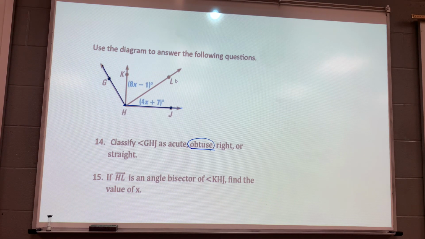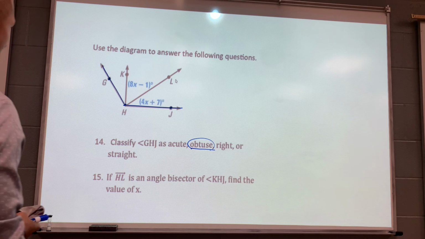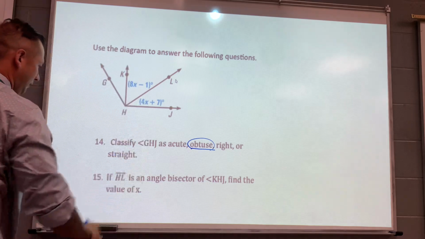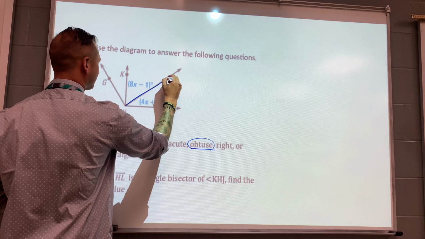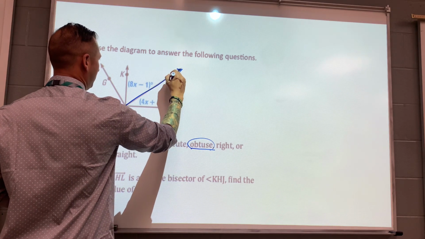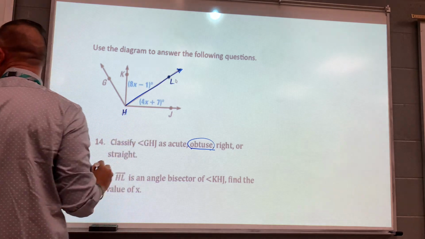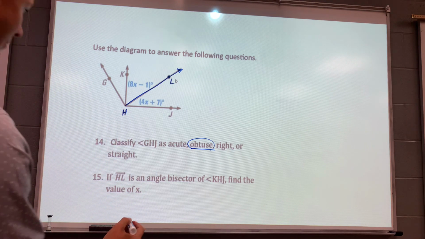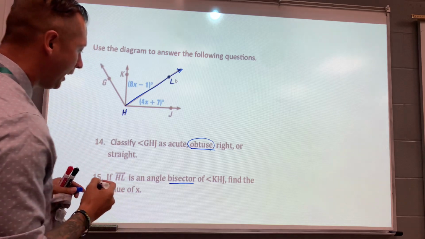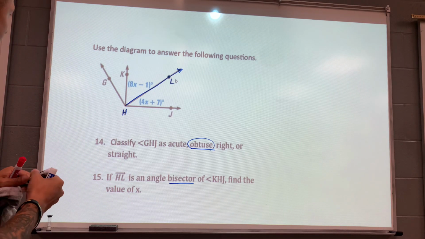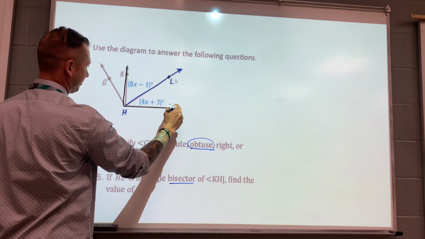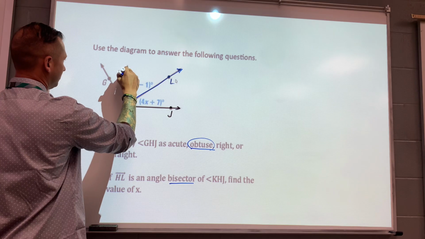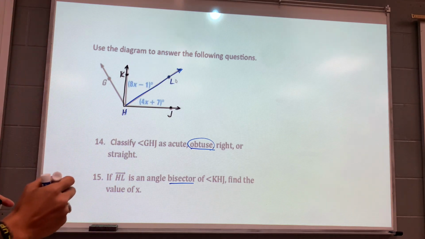All right, number 15. If ray HL is an angle bisector of KHJ, so K, H, and J, find the value of x.